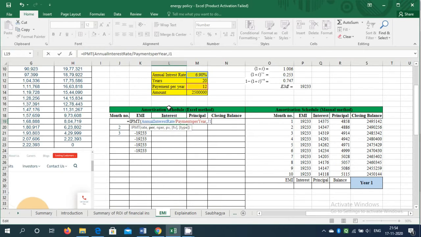I'll write J19 because that is the month number I have written over here, and then after year into payments per year, then the amount, 25 lakhs, and then I'll press this. This is the interest. Here also you can see 14,375. After doing this, again I will just drag this one.